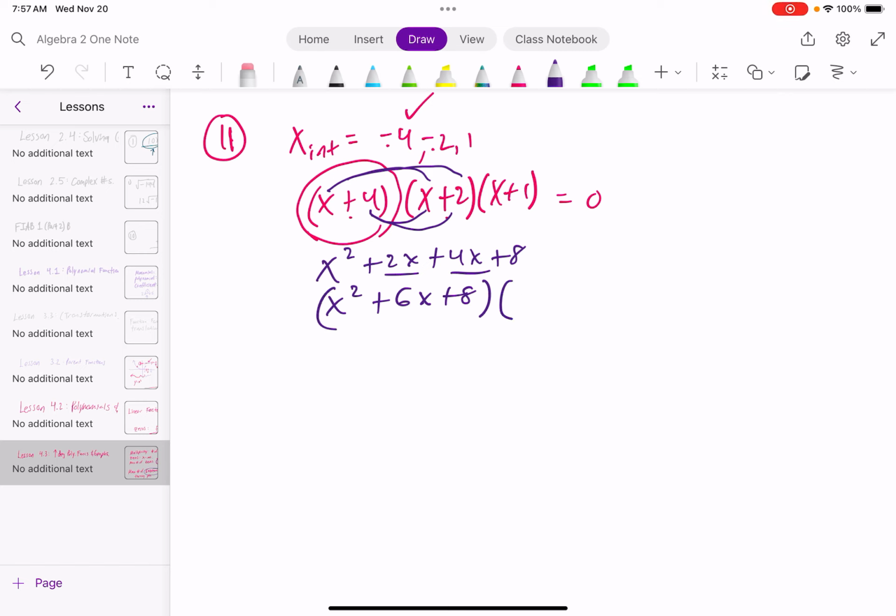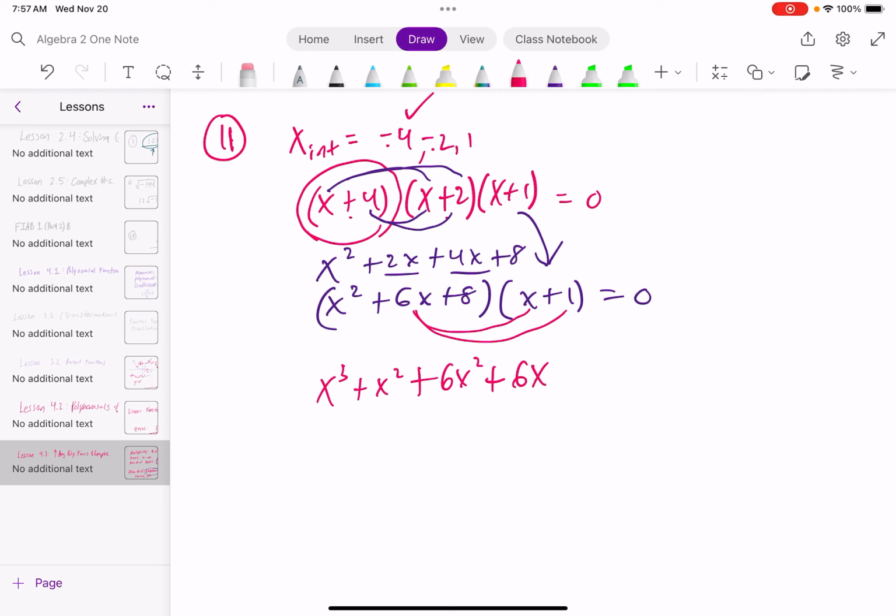And then bring this down. All right. And then you're going to multiply that out. So I'm going to do x squared times x, and then x squared times 1. We're going to get x cubed plus x squared. And then 6x times x is 6x squared, 6x times 1.